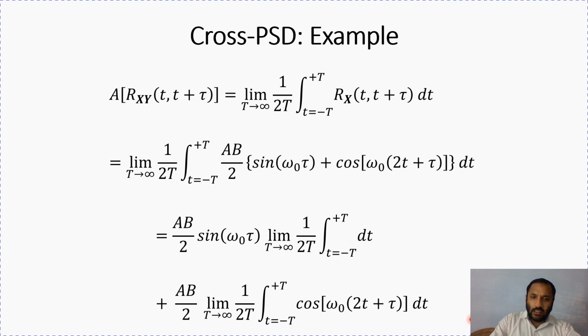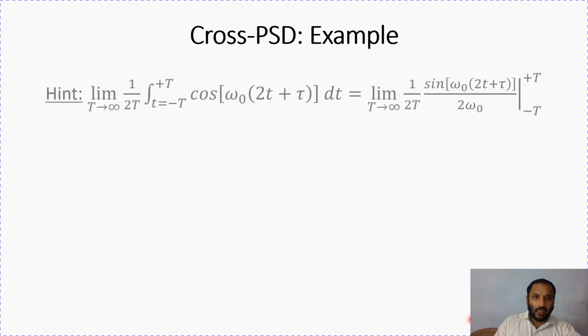Now we know that the integral of a cosine is sine. So let me give you a small hint on how we calculate this integral. One caution I want to give you is that we should not directly substitute T equal to infinity into this expression.